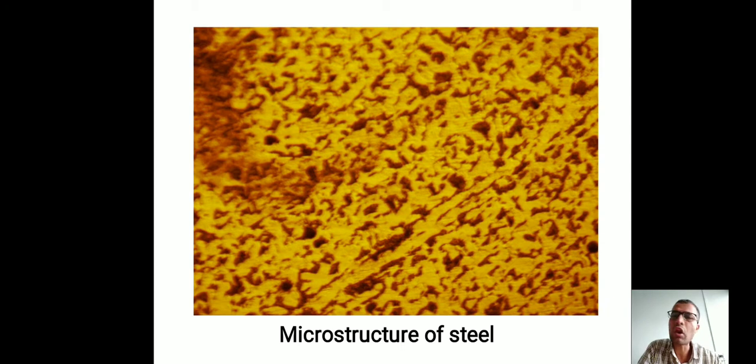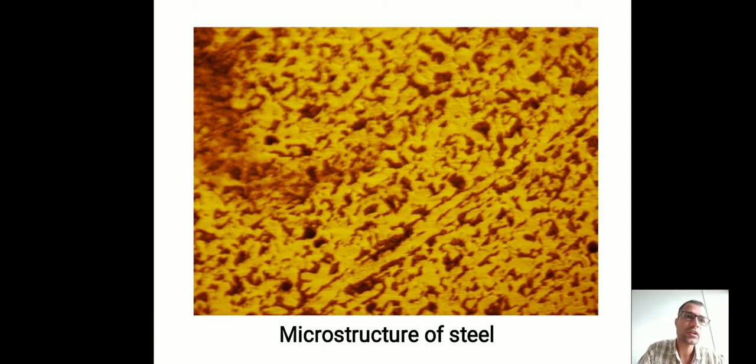Microstructure of aluminium alloys will be different than the microstructure of copper alloys, because the basic constituents of each and every material will be different. According to that, microstructure varies. Correct, na? And according to the microstructure, physical, chemical, mechanical properties will be different, because each and every material consists of different phases. Correct, na?